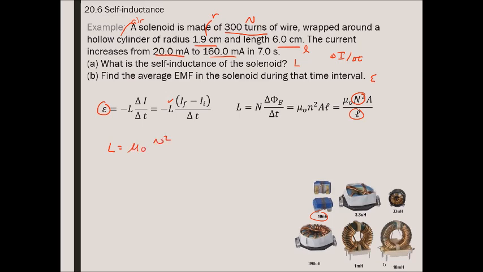Okay, so L is mu naught times n squared A over the length. Mu naught is again 4 pi times 10 to the negative 7th henries per meter, which is another form of the units.